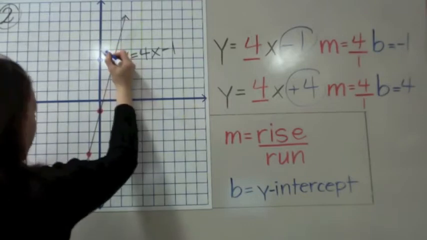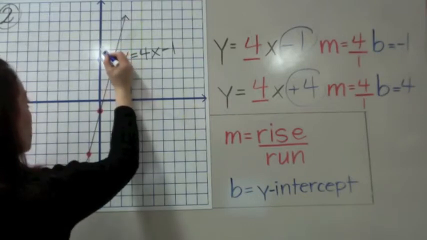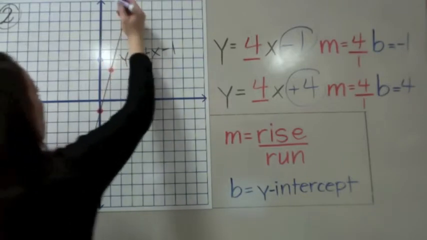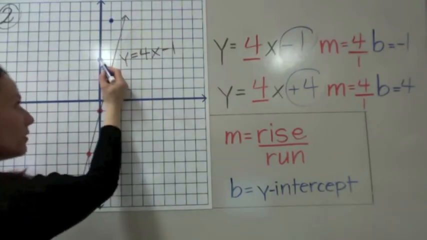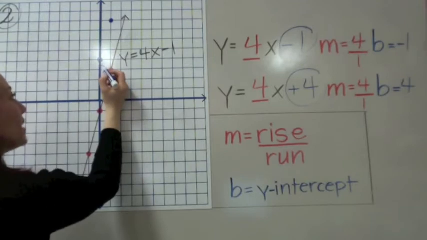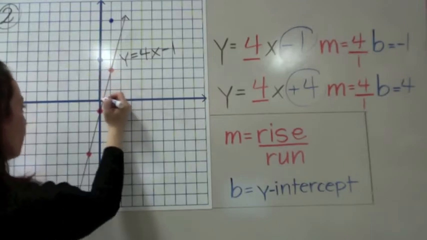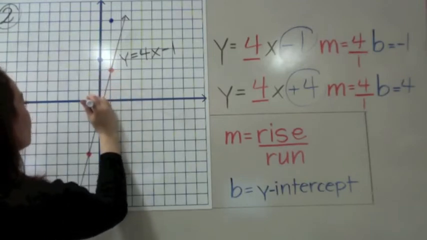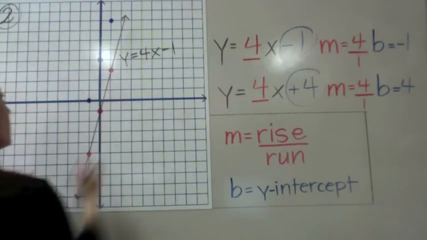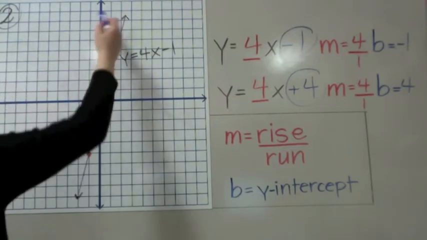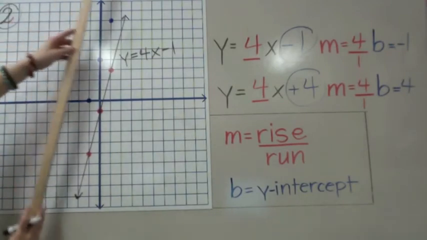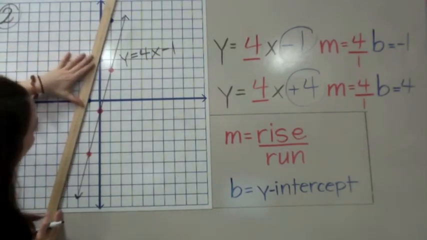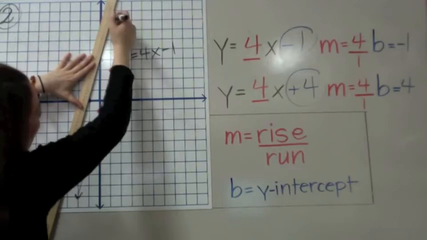Then from this point, we're going to go down 4, 1, 2, 3, 4, and over 1. I wanted to go the other direction because I was going to run out of room this way. Cool. Now we can connect the points to make a line.